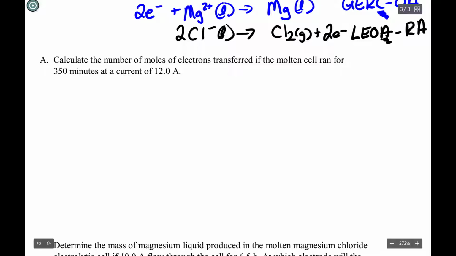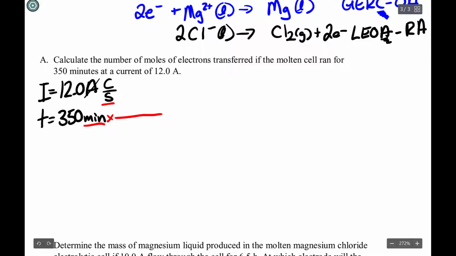Okay, so what we should have is current, which is 12.0 amps. Of course, I never write it as amps, I always write it as coulombs per second. I have time, which is 350 minutes. Now, when I see this, it's brought to my attention that I have seconds and minutes, and this isn't going to work.